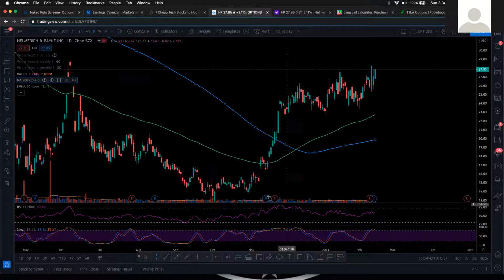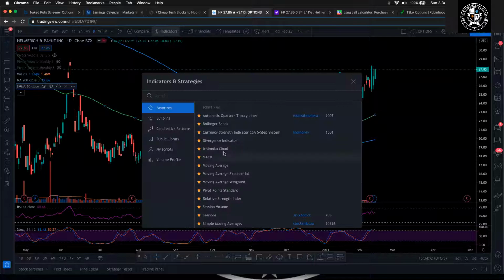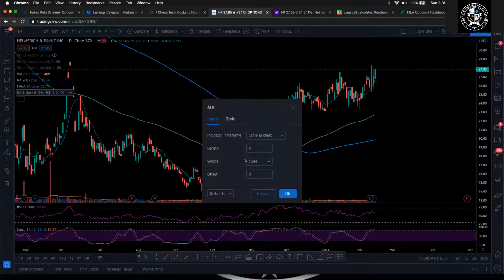Okay. And then for the other one, I actually have a smooth moving average. So it's basically the same thing. Let me make sure, because I don't want to confuse y'all too much. I put the other moving average on here just to show y'all the difference. And this is a 50.